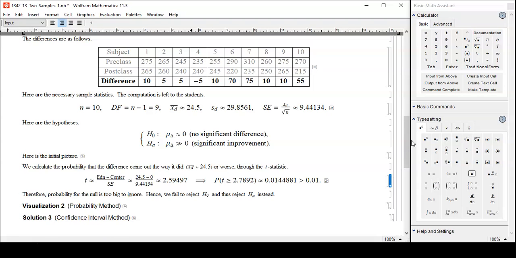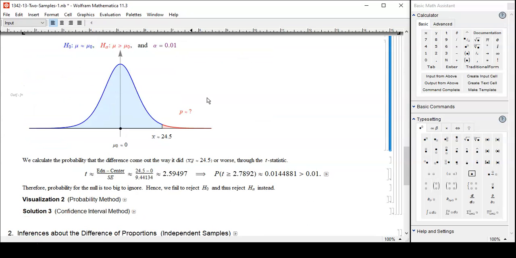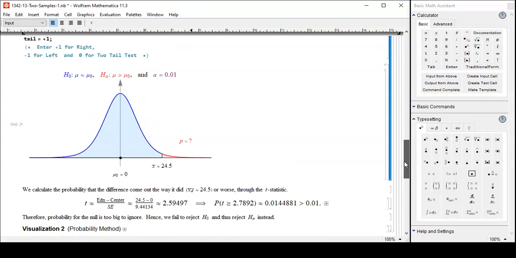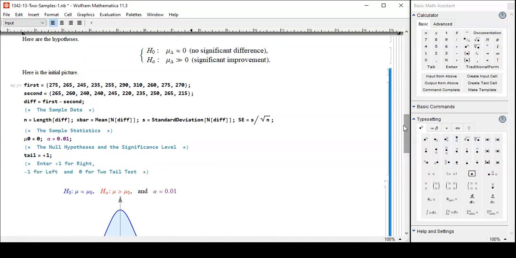But in any case, you can set up like this, and then you're looking for this probability value. You see this time 24.5 directly here, and then looking for this probability. If this probability is big, then we go with the null. If this is small, then we go with the alternative hypothesis.